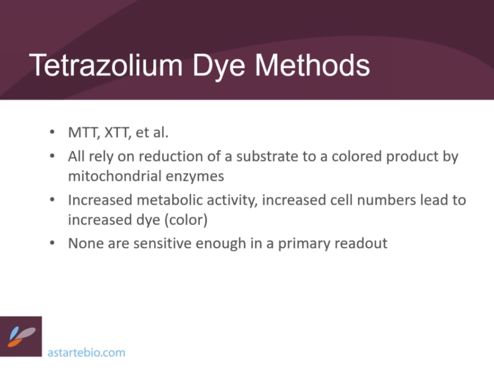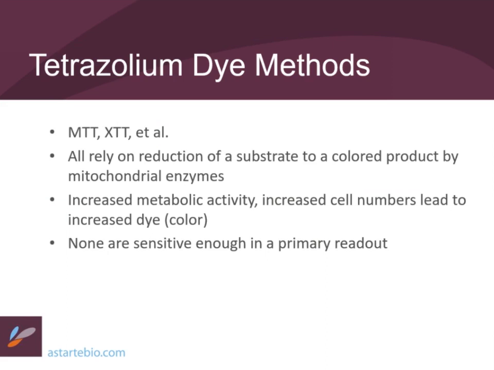So one of the other methods that has been tried is the use of tetrazolium dye. These are the things like MTT or XTT you may have seen in other publications, and they rely on the reduction of a substrate to a colored product by mitochondrial enzymes. With increased metabolic activity or increased cell numbers, you're going to get increased conversion of the dye.